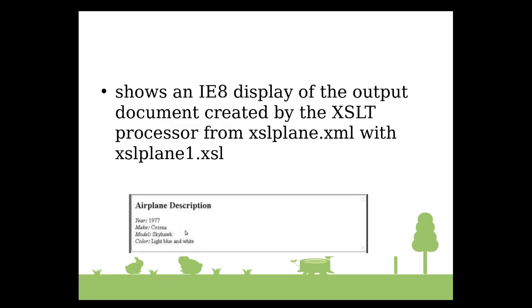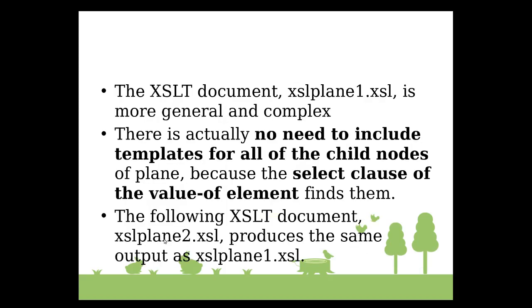Okay, this is the output, that IE8 display of the output document. A single description of a plain, year, make, model and color is displayed according to the style information specified in the XSLT style sheet. So the XSLT document XSL plain 1.xsl is specified as more general and it is very complex.